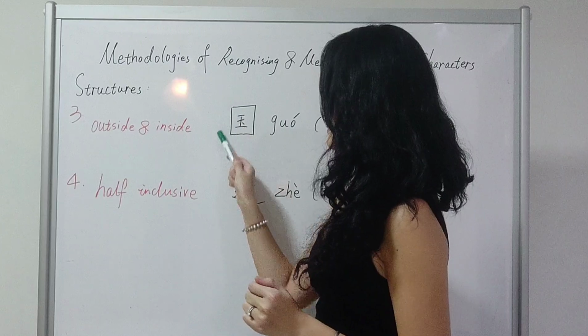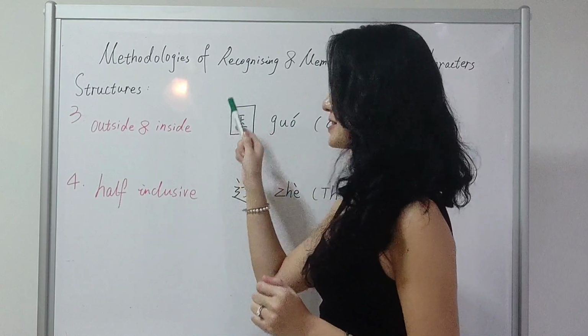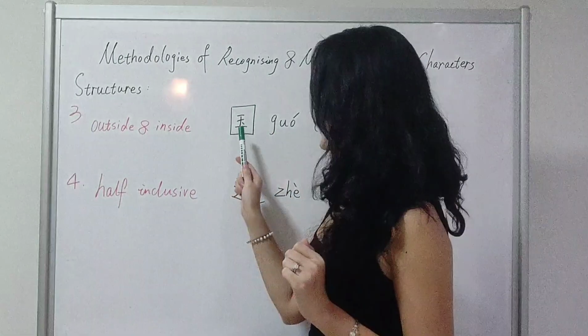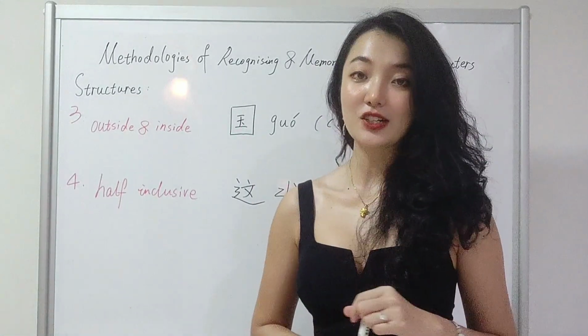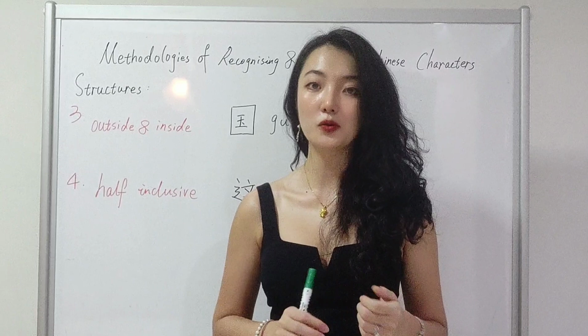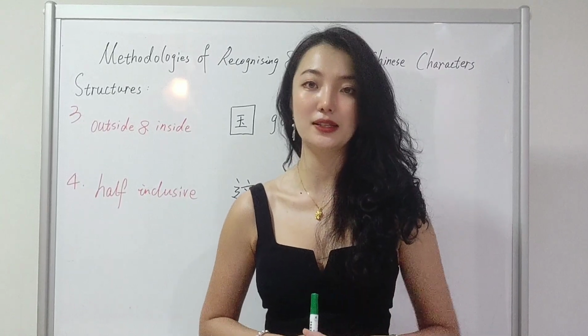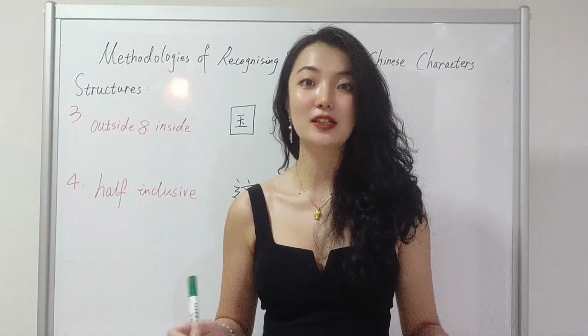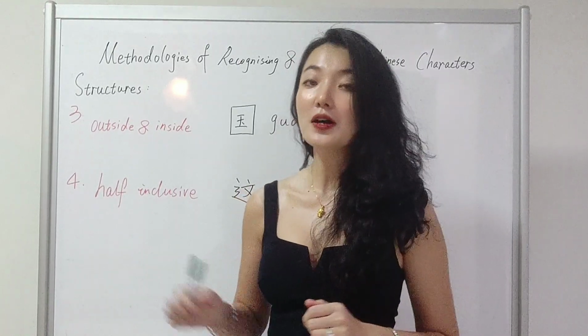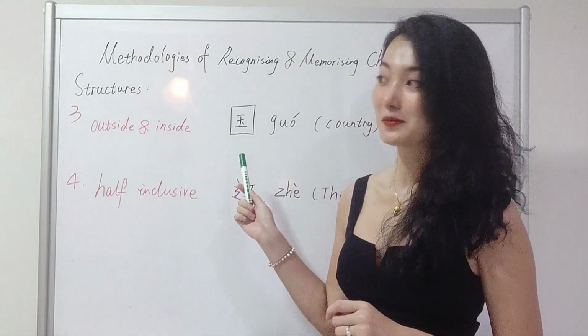It has its boundary as the outside part, and the inside is yù. Yù means jade, and jade was considered as one of the most valuable treasures in ancient China, just like each country's land is very valuable. So that's how this character comes from.